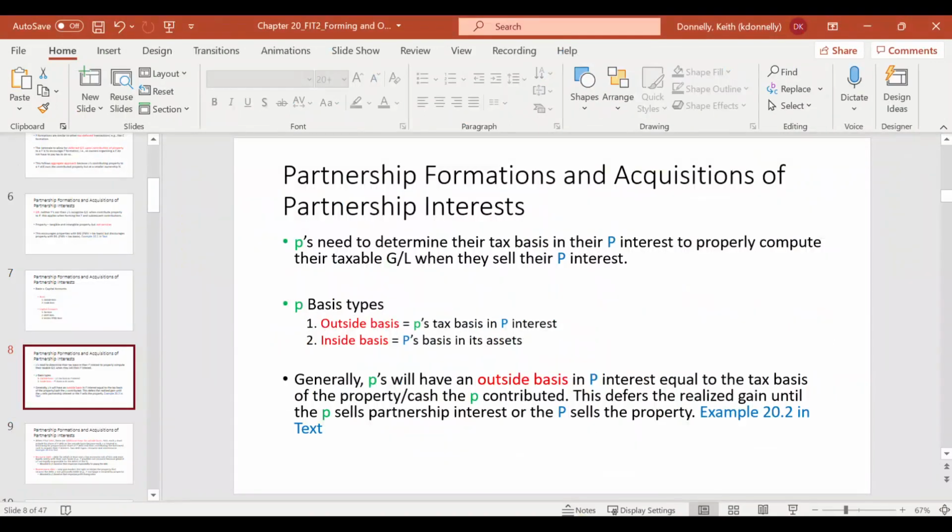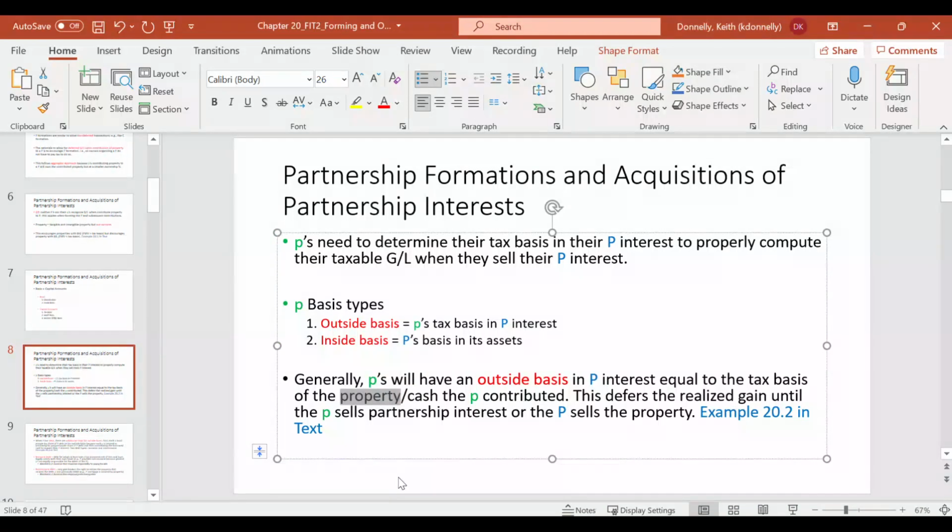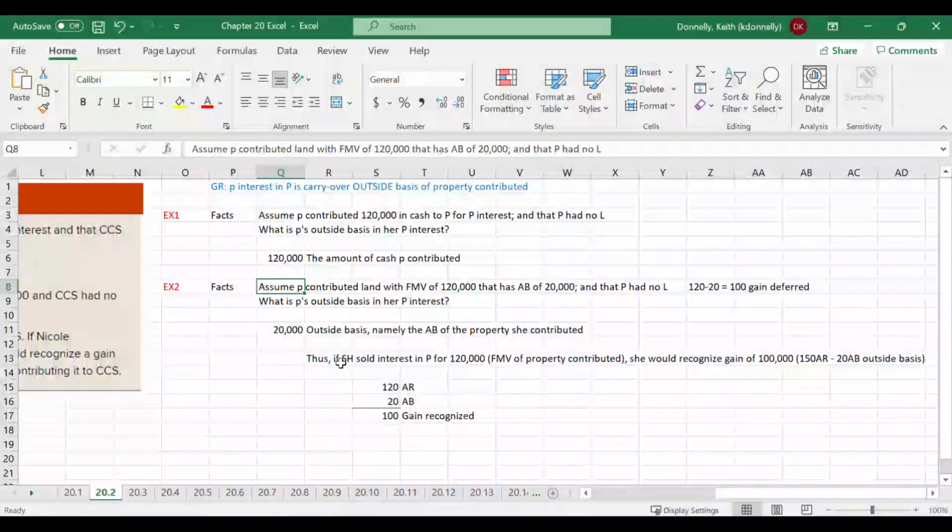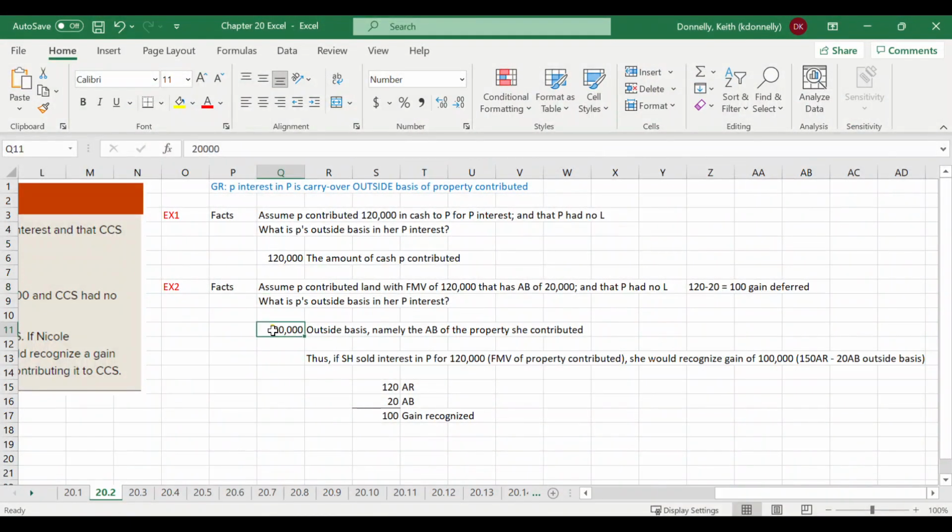Now, one of the things we're going to talk about with outside basis is when you contribute property to the business, right? Things like land, buildings, equipment, and so forth. The general rule in that case, as we see here, is your outside basis is going to be the adjusted basis of the item you gave. So basically, take a carryover basis.